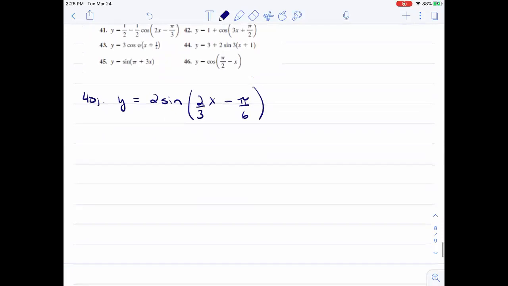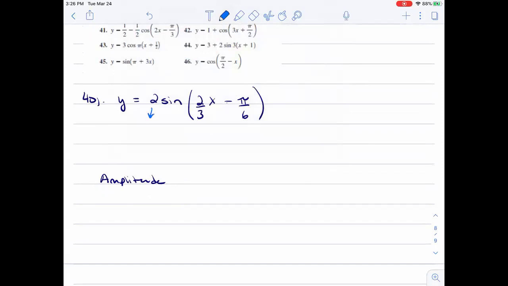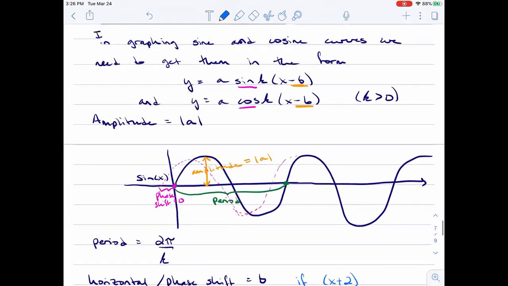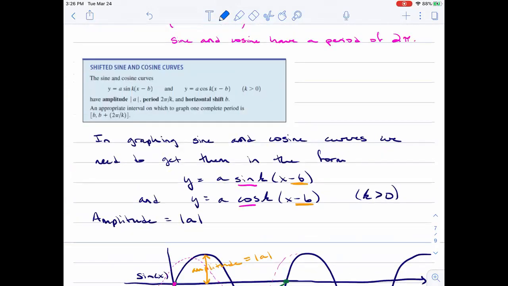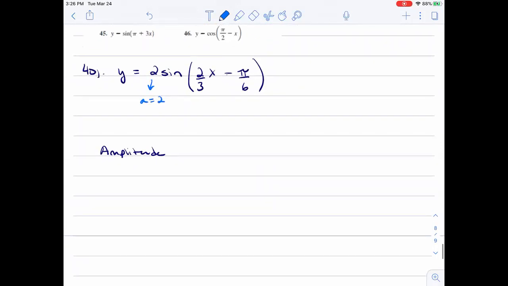Okay. Let's find the amplitude first. A is 2, right? Matching it to y equals a sine k times x minus b. So a must be 2.